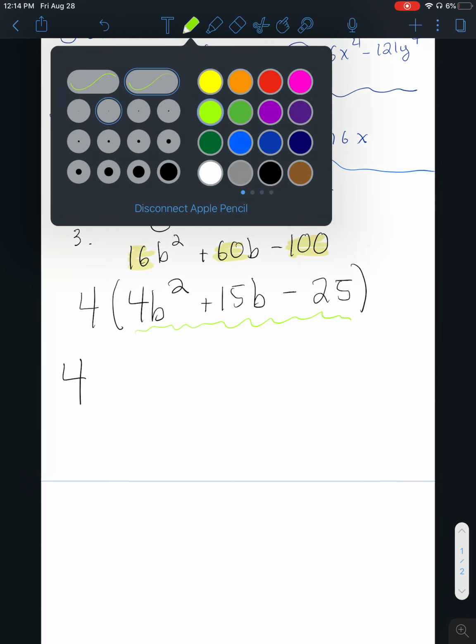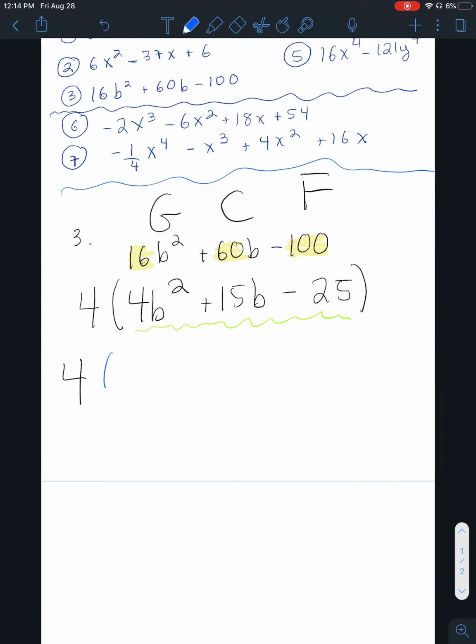So I know that looks like a trinomial, so I can go ahead and put the 2 parentheses. And I know here I have 2 options. I can write 2b and 2b, or I can write 4b and b. You have to kind of figure out which one you think is going to work, and it's kind of trial and error.